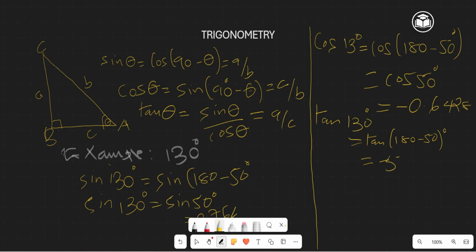Tan 130 is the same as negative tan 50 degrees, which equals negative 1.1918.